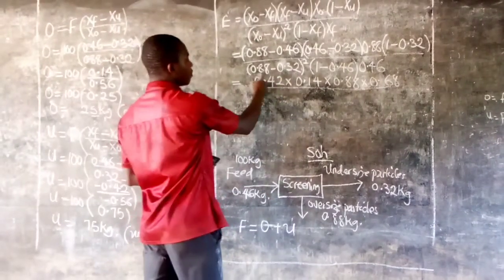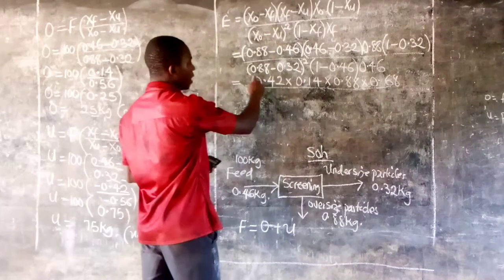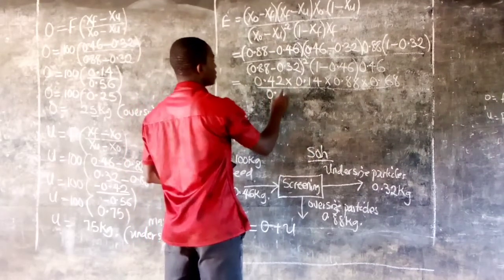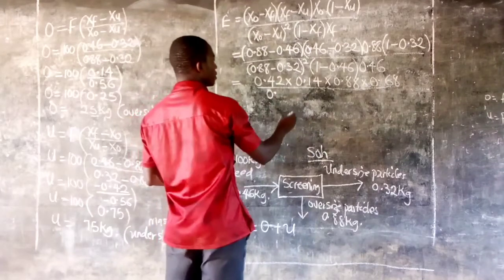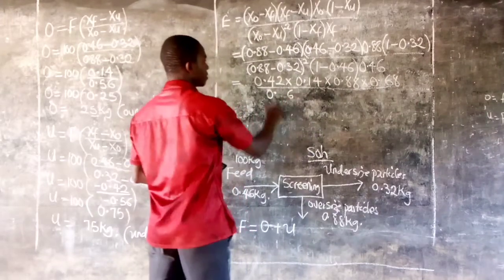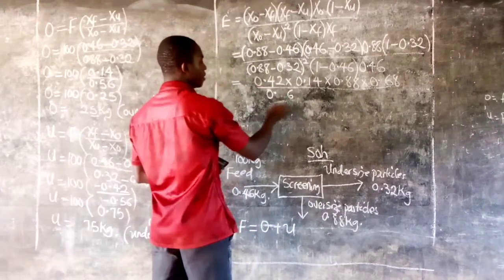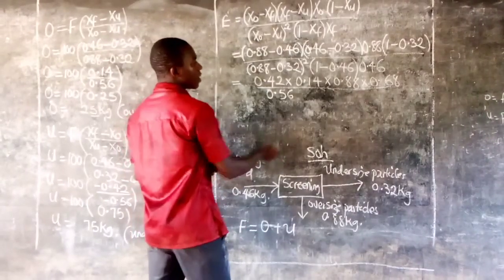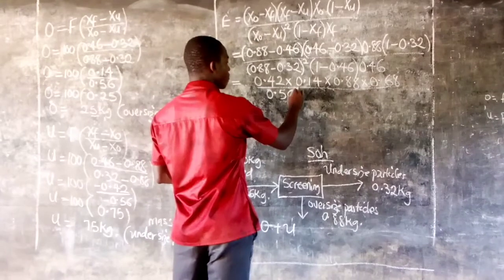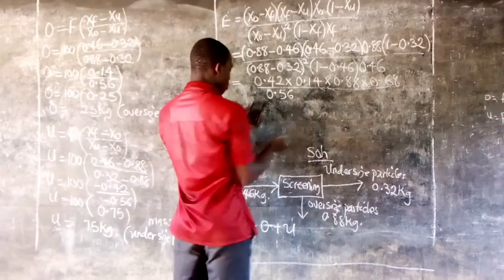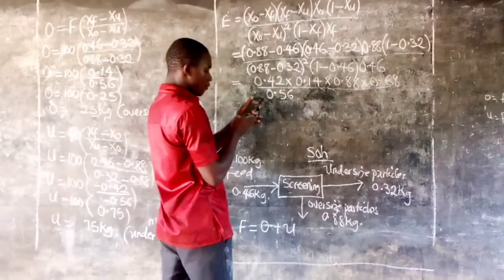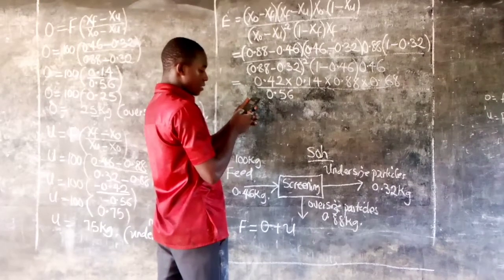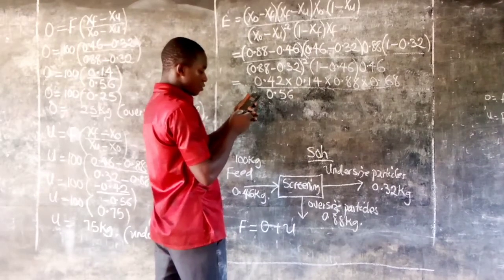So we have 0.88 minus 0.32. Now 8 minus 2, that should give us 6. And then 8 minus 3, that should give us 5. So now we have raised to the power of 2. Or we can say 0.56 raised to the power of 2, that is exponent 2.